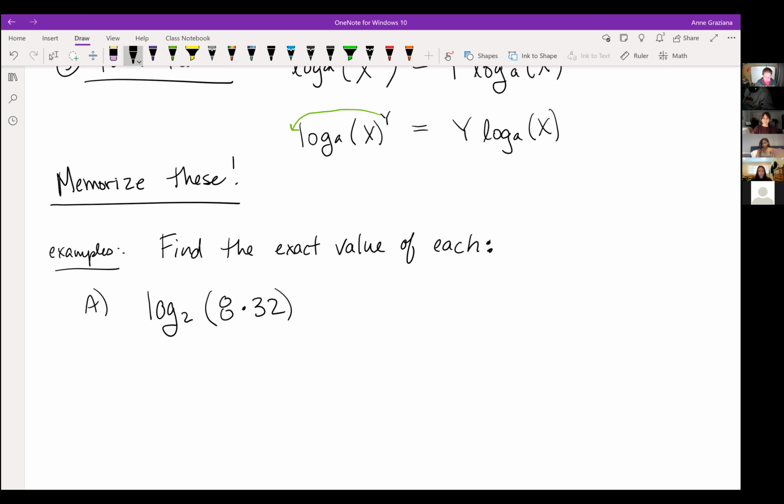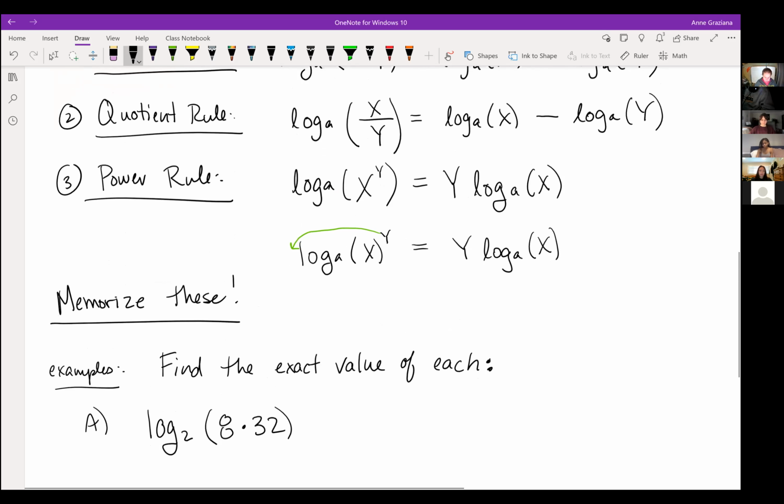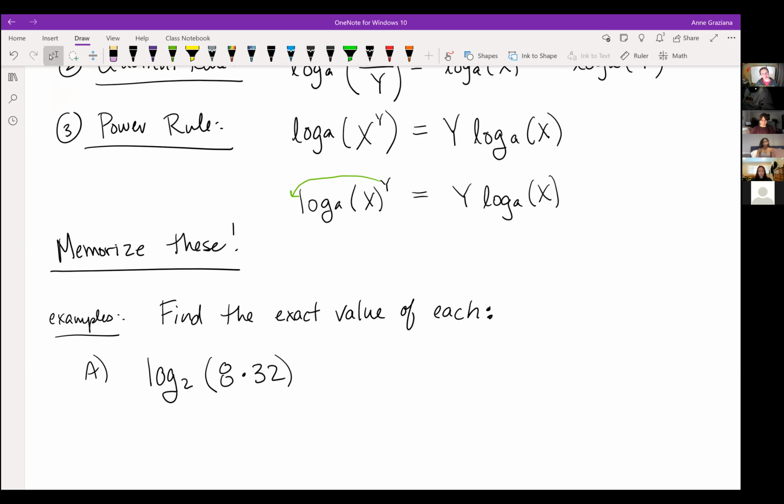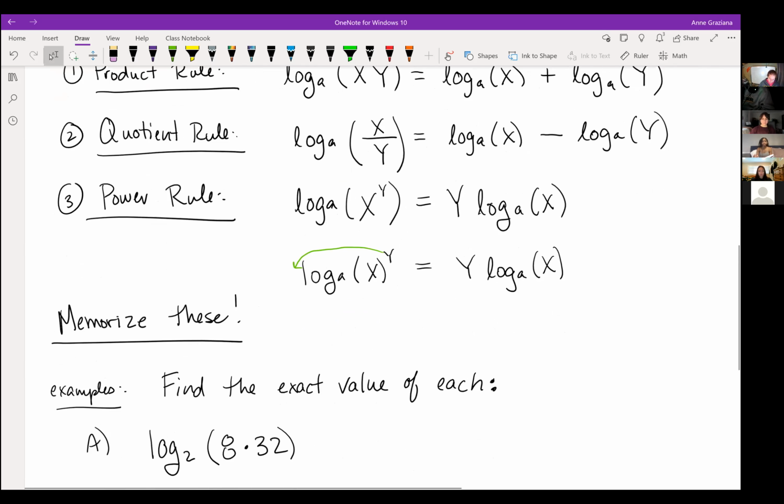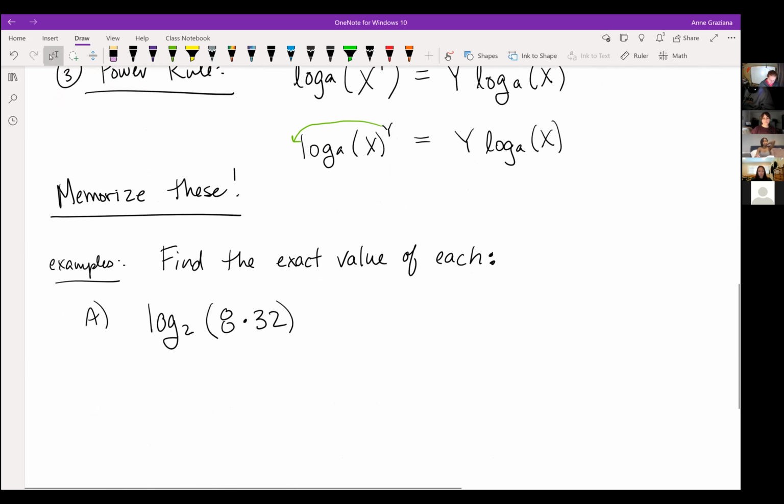Okay, so we see in there times. Times means product, and that means we're going to use our product rule. I'm going to take this and rewrite it as log base 2 of 8 plus log base 2 of 32.